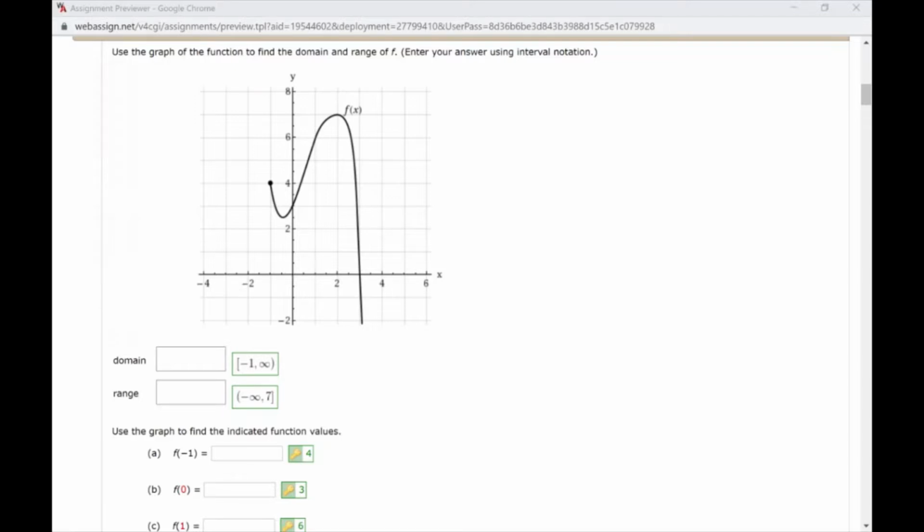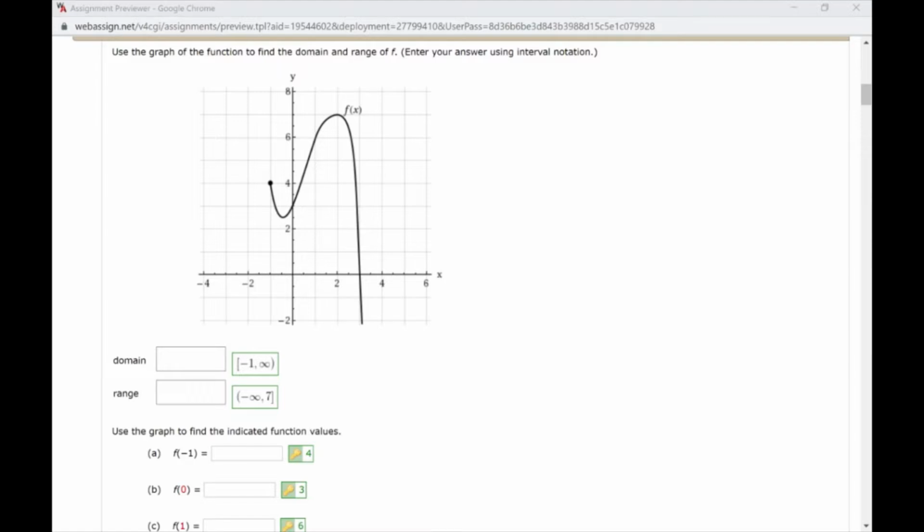On the x-axis, not on the y. Got it? Very good. Kai, you still have a question about domain? No. Okay. Now range.